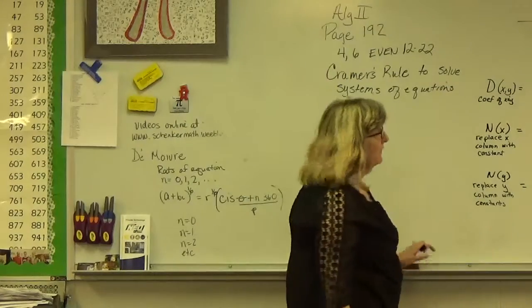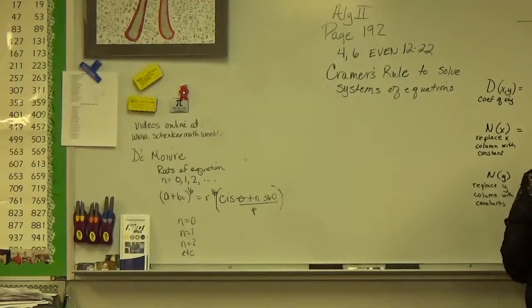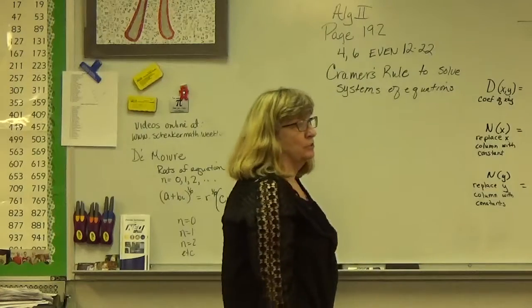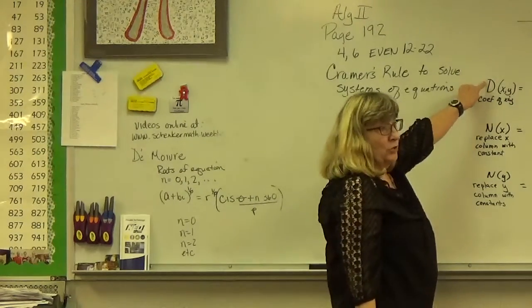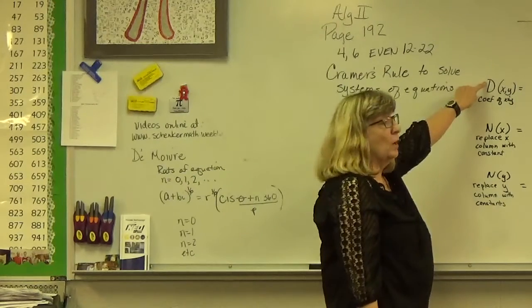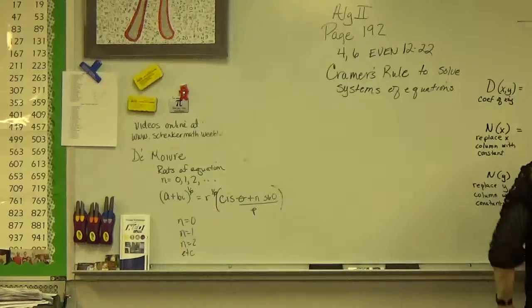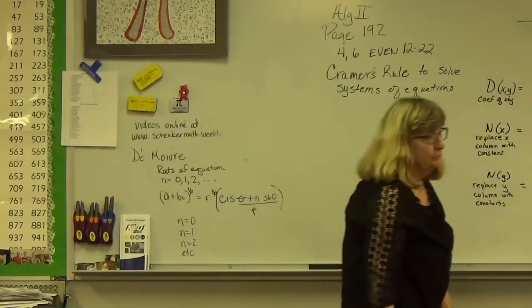Now, you have the answers, we're just going to write them in fractional form. Cramer's rule is a great way to solve systems of equations if you have nasty answers, which we're going to do some that aren't so nice in just a minute. D, what did I say D stood for? Denominator. So the denominator for both x and y is going to be negative 17.